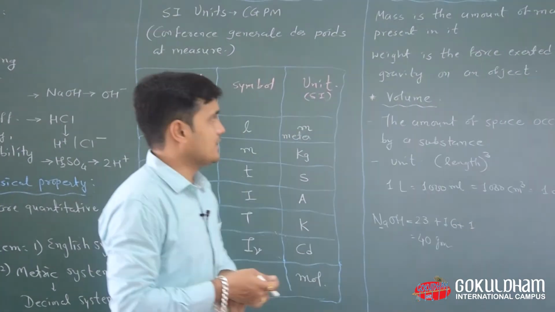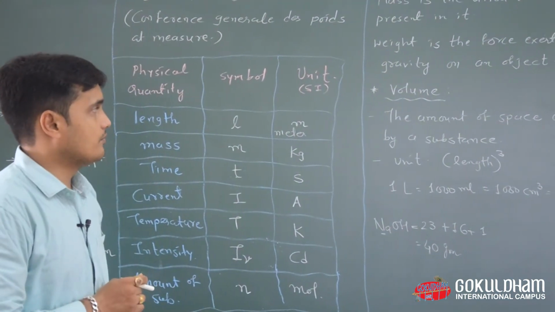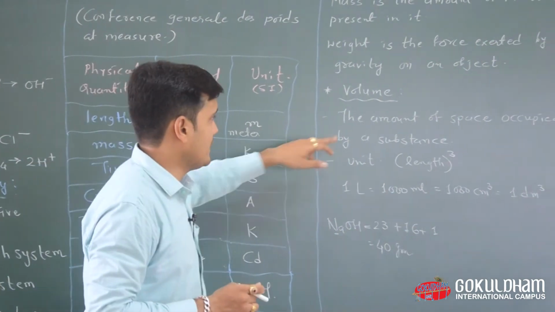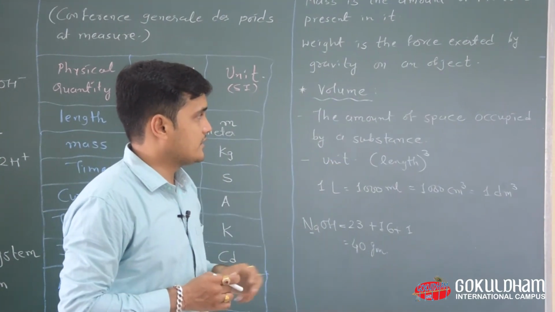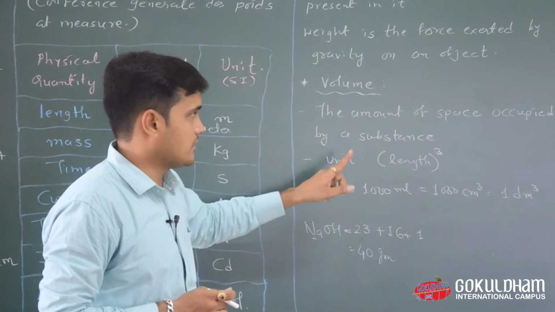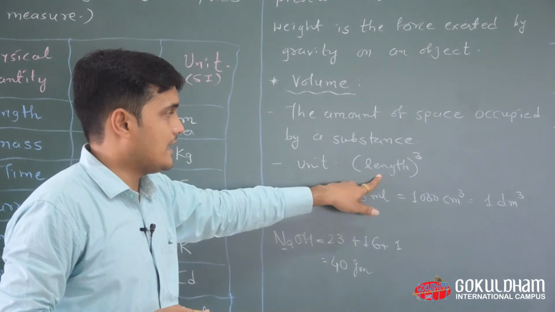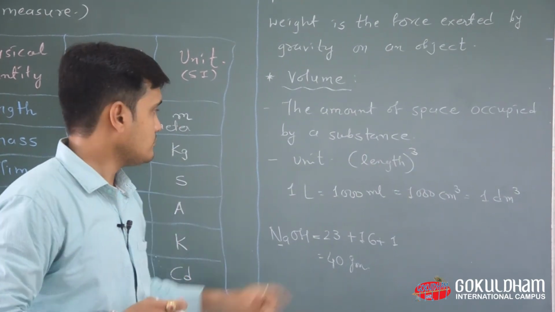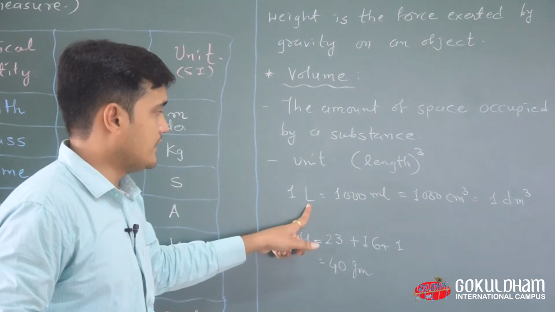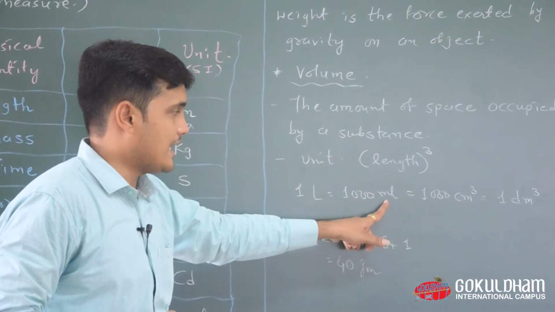Now another section is volume. Volume is defined as the amount of space occupied by a substance. The unit of volume is length cube. 1 liter is equal to 1000 ml.